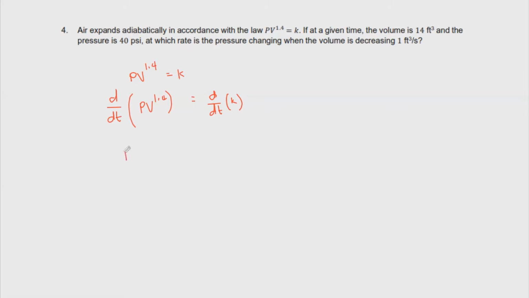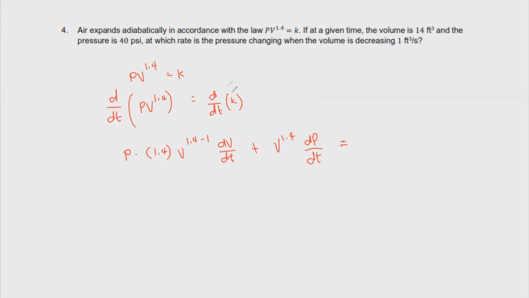So we have P, we have product rule, so P times the derivative of V raised to 1.4, so that's simply 1.4, and then V raised to 1.4 minus 1. And then since we've differentiated V, we need to add the derivative of V, which is dV over dt, with respect to time. And then we add V raised to 1.4, and then the derivative of P is 1 times dP over dt. Okay, so that's implicit differentiation.